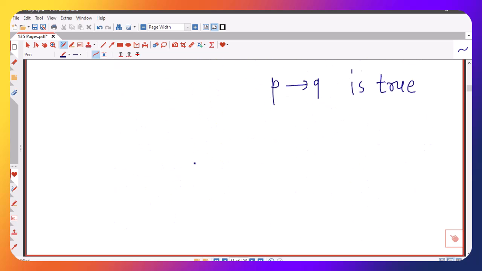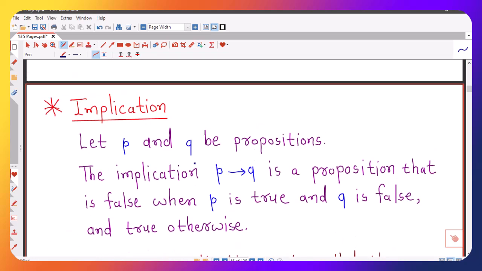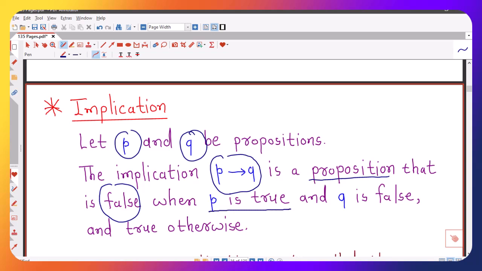So remember this implication. They can ask you to write down the definition also. Let P and Q be propositions. The implication denoted by this symbol, P implies Q, is also a proposition that is false when P is true and Q is false, and true otherwise.